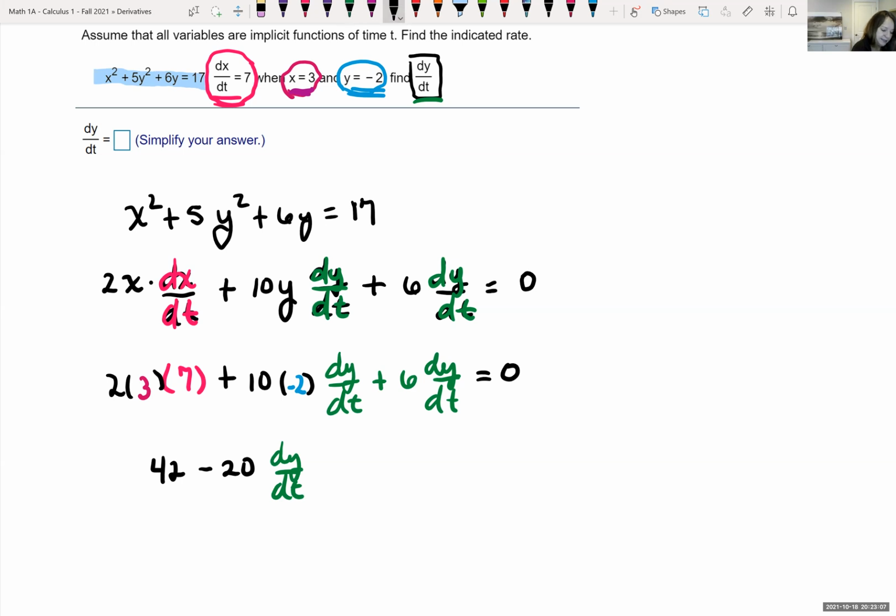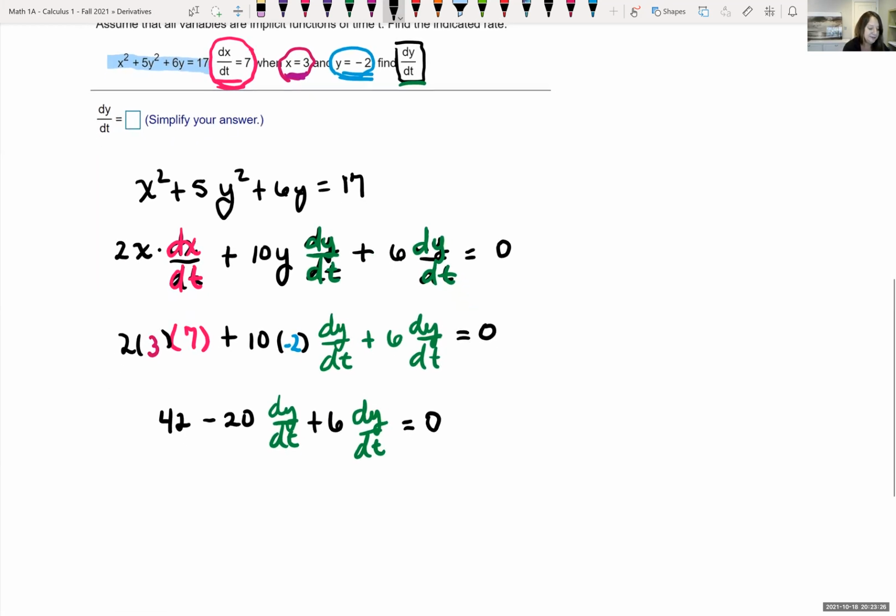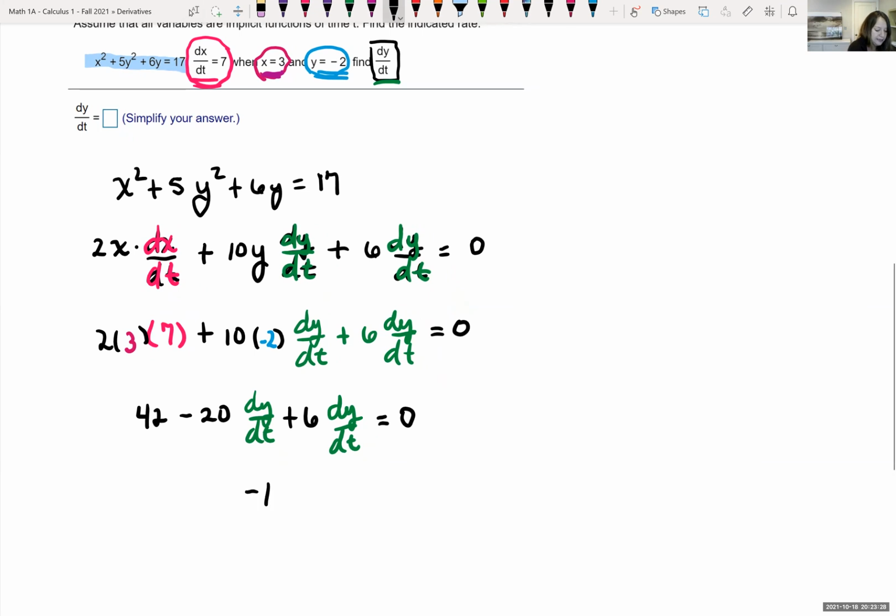Plus 6 dy/dt. So think of those like terms, and this is equal to 0. Let's subtract 42 on both sides, and then we can combine negative 20 dy/dt plus 6 dy/dt. That gives us a negative 14 dy/dt is equal to, subtracting 42 on both sides, so minus 42.